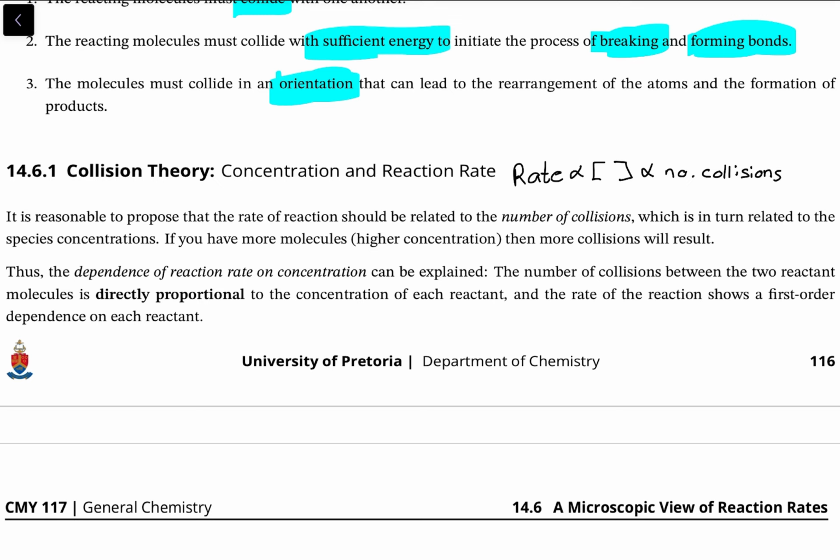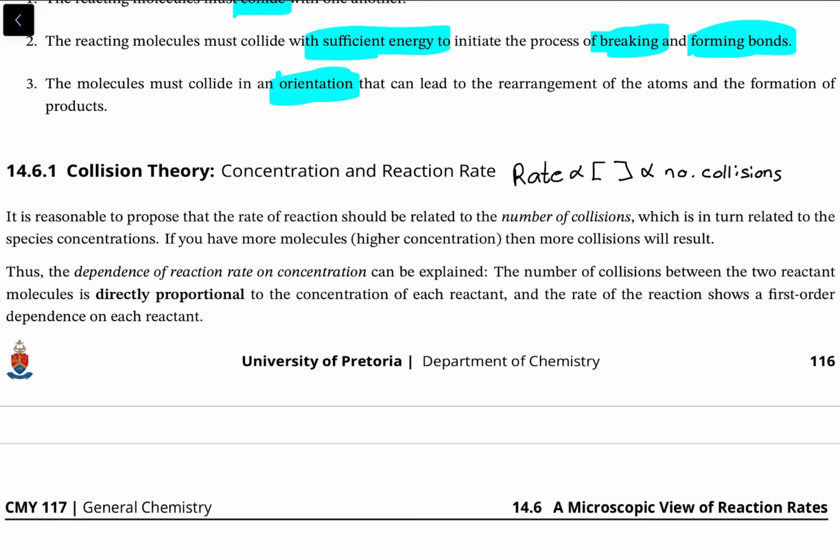Well, if you think of a confined space, like a reaction beaker or reaction flask, and you increase the concentration of your species, literally the number of molecules in that space, then of course the number of collisions per second or per unit time is going to increase because you physically have more molecules in the same amount of space, and so you will have more collisions.